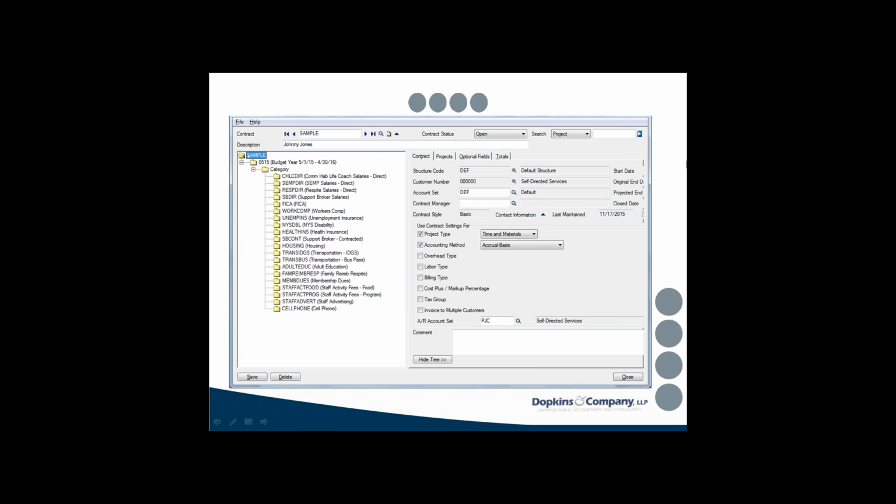And then we get into that little tree thing on the left. And you'll see that this is the May 2015 budget year. So it runs May 1st of 2015 to April 30th of 2016. So this is not necessary. This is just an example of how we've set up this self-directed services, because we want to distinguish the collection of costs for one budget year from another budget year.